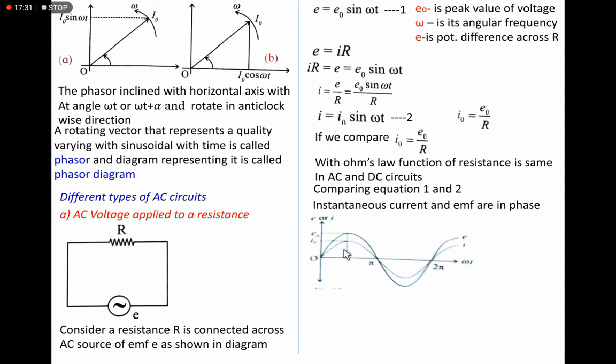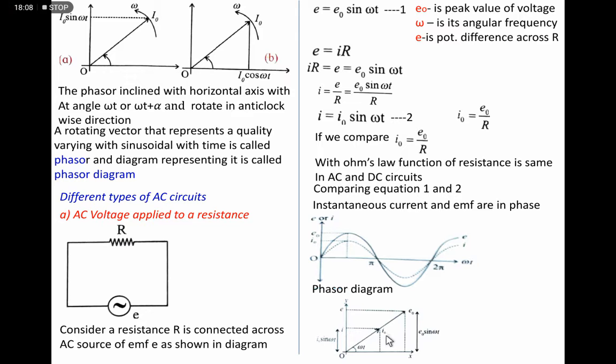Only the peak value of current and peak value of the EMF in this resistive circuit is different. Both are in phase. Therefore we will show the current and EMF in the diagram. Now the phasor diagram has to be used to know how this EMF and the current relate with each other in AC circuits.